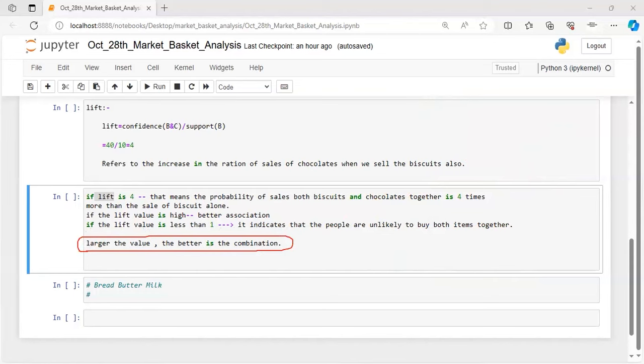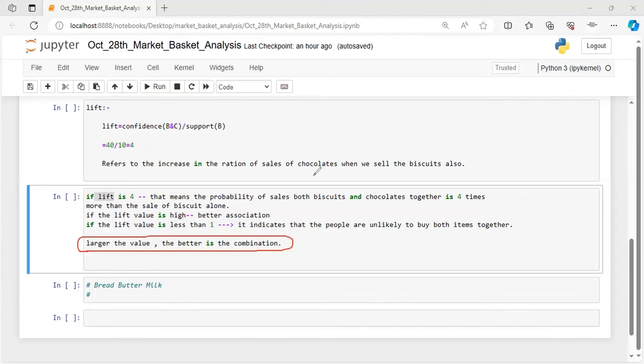We will have one algorithm to calculate all those things automatically. That is the Apriori algorithm. When you apply the Apriori algorithm, it will find the lift and confidence with respect to all the items.